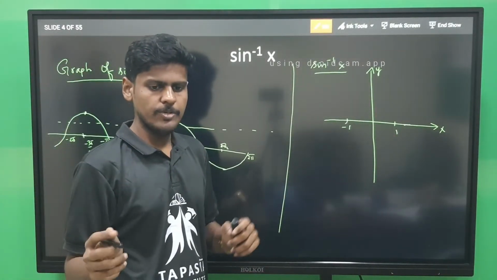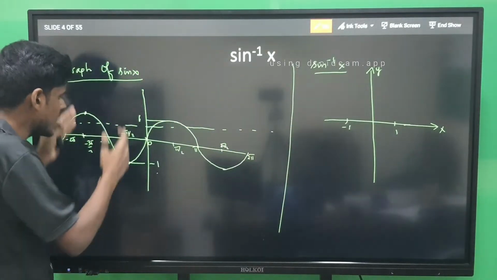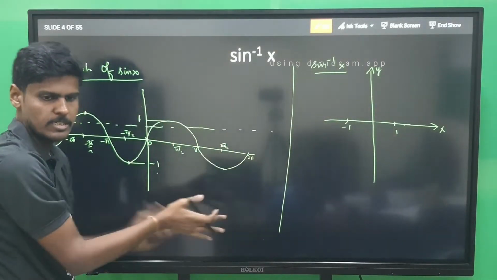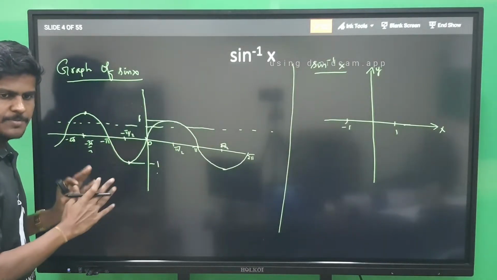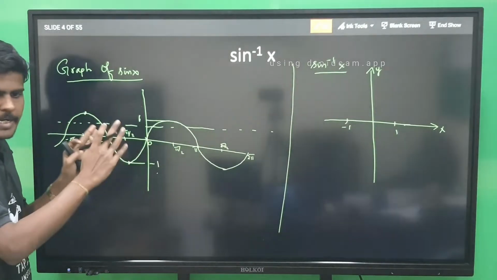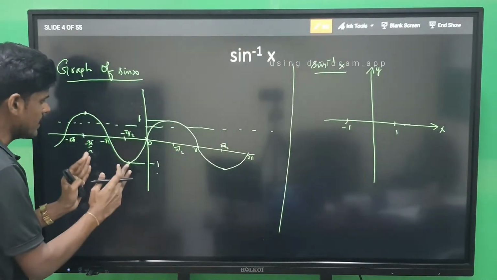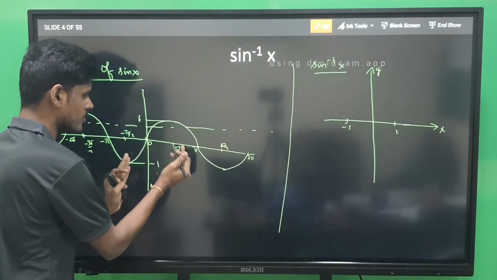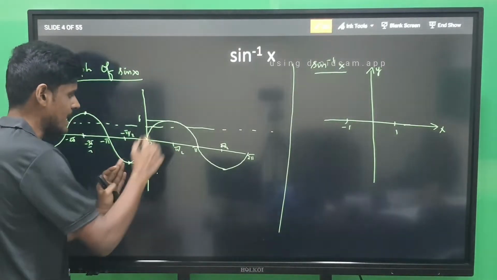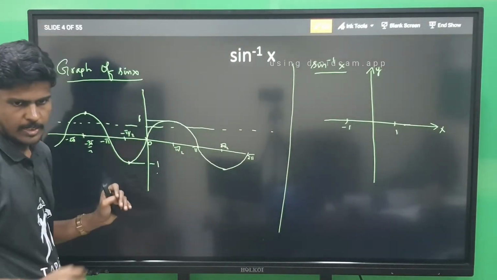So what we need to do is restrict the branch. First we will consider some branch of this trigonometric function so that this function becomes one-to-one. That is the first step. So we will restrict the domain or branch of the trigonometric function. We can take minus 3 pi by 2 to minus pi by 2, or similarly minus pi by 2 to pi by 2. That also has range and codomain the same, and this function is one-to-one.